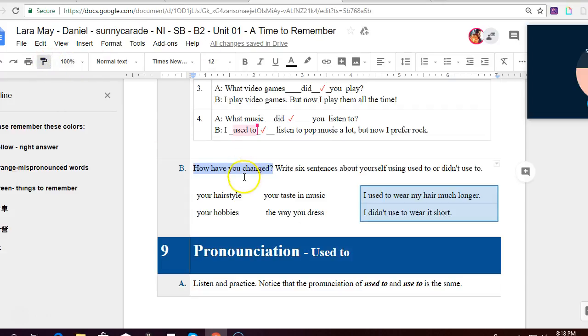Before and now, did you change something, like the way you speak? Before, when you were a baby, you only knew the word mama, right? But now, can you speak a lot of words?